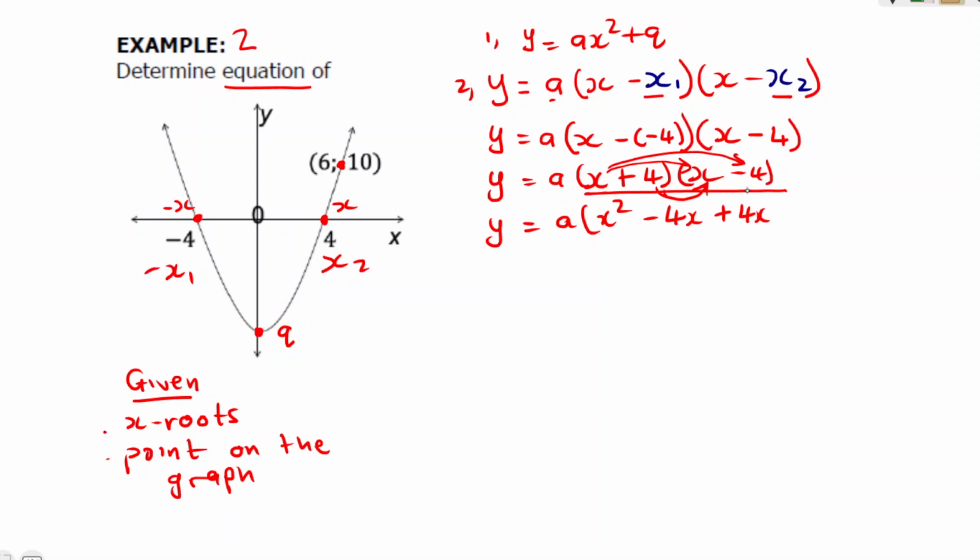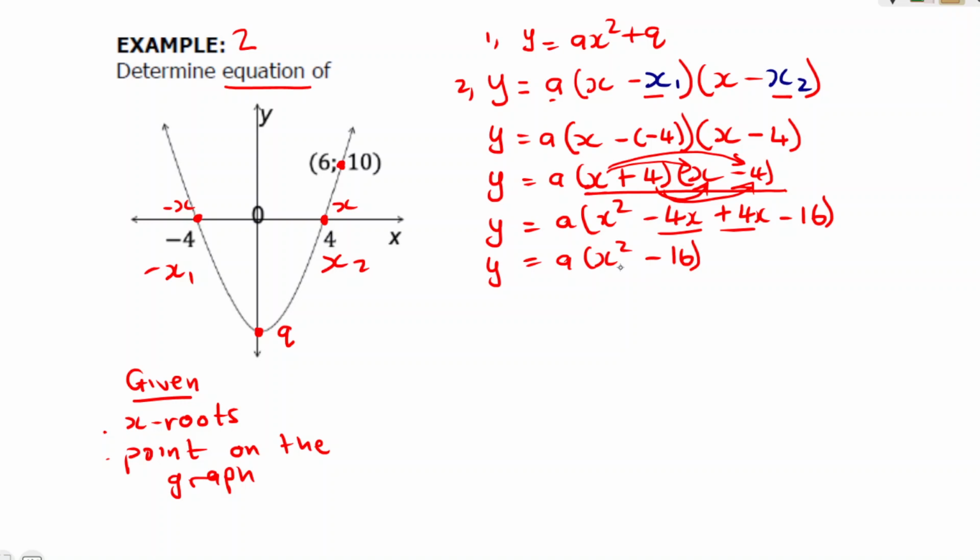Again, positive 4 times negative 4 is going to give us negative 16. So I can now add my like terms. You can see negative 4x and the positive 4x will cancel out. So I have y is equal to a, x squared minus 16. This is what I get after I substituted my roots.